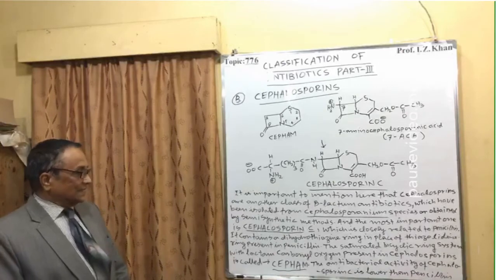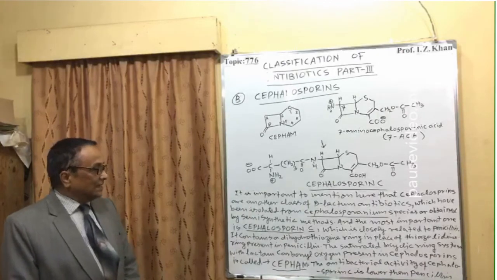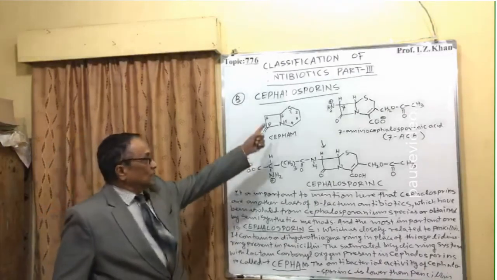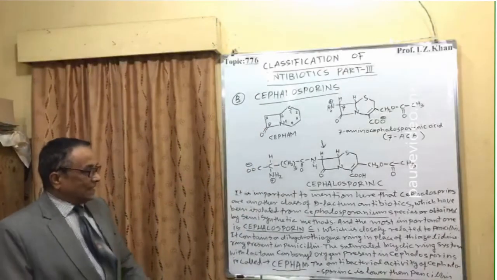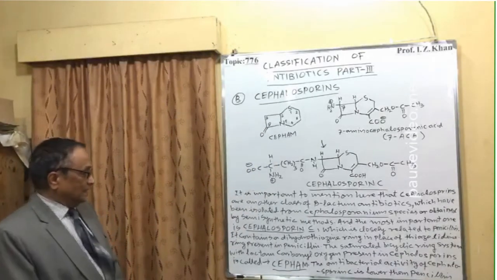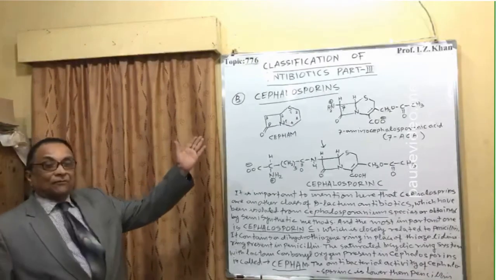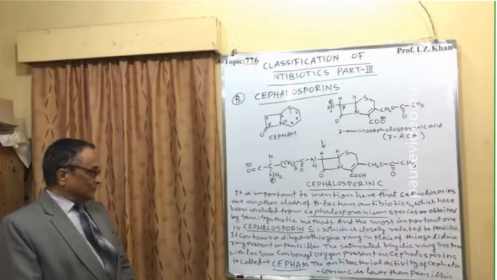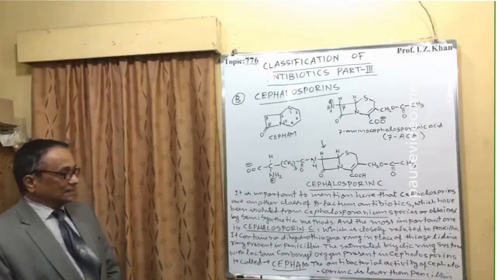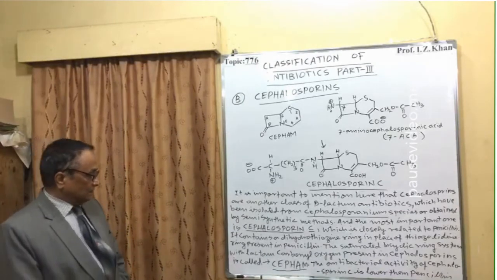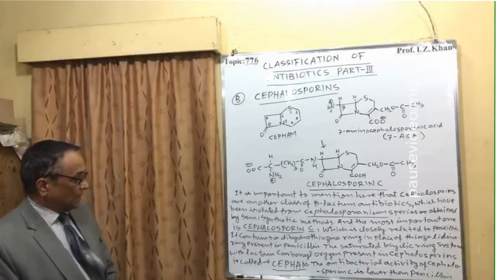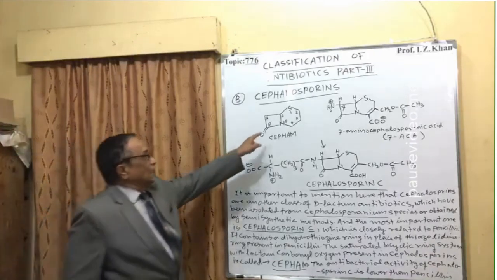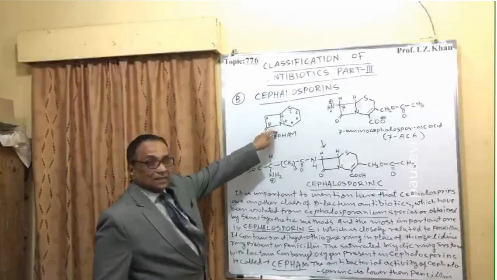It contains a dihydrothiazine ring, this one, in place of thiazolidine. Means in place of the 5-member ring present in penicillin, it contains a 6-member ring. The saturated bicyclic ring system with lactam carbonyl oxygen is this ring.